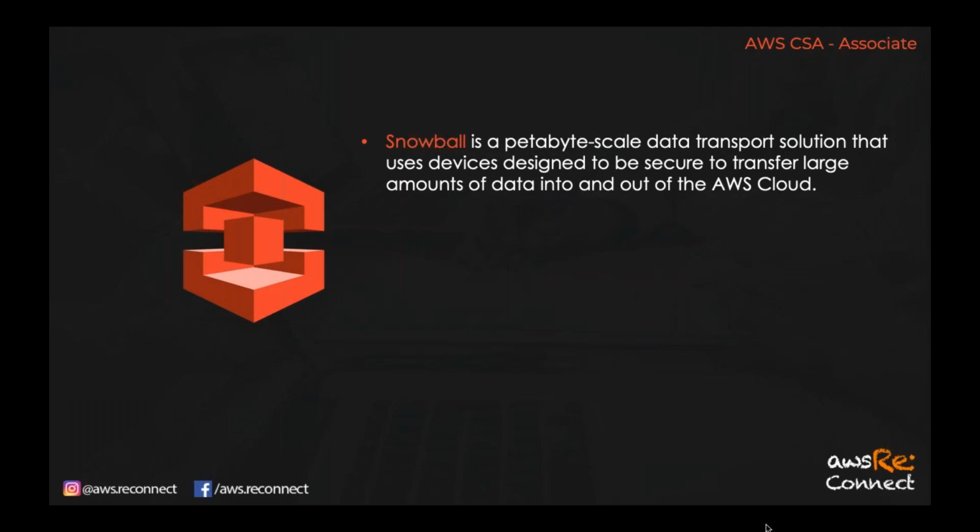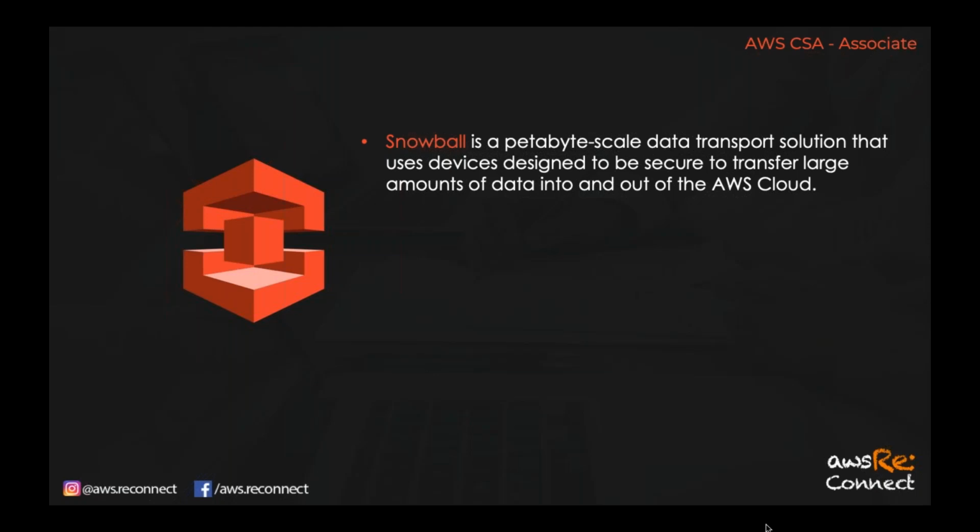Snowball is a petabyte-scale data transfer solution that uses devices designed to be secure to transfer large amounts of data in and out of the AWS cloud. You can import data to AWS, or export terabytes or petabytes of data from S3 to your physical infrastructure, and Snowball will help you with that.